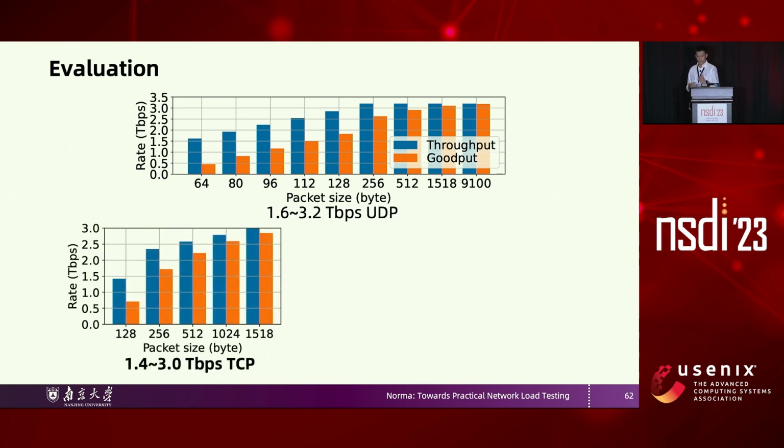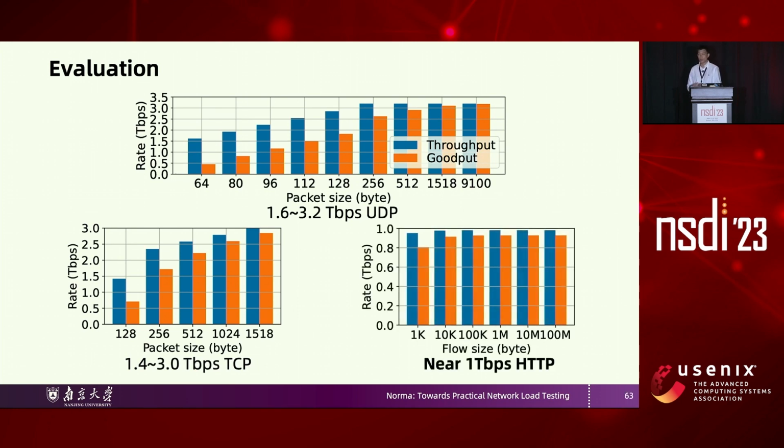Next, we evaluated Norma's throughput of TCP traffic with different TCP push packet sizes. The results show that Norma can achieve at least 1.4 terabits per second with 128 byte push packets, and nearly 3 terabits per second with MTU size packets.